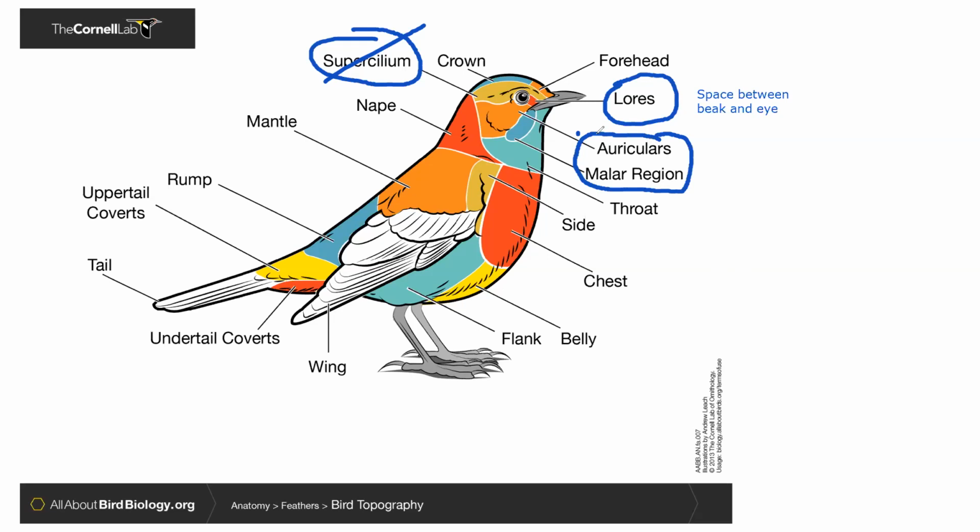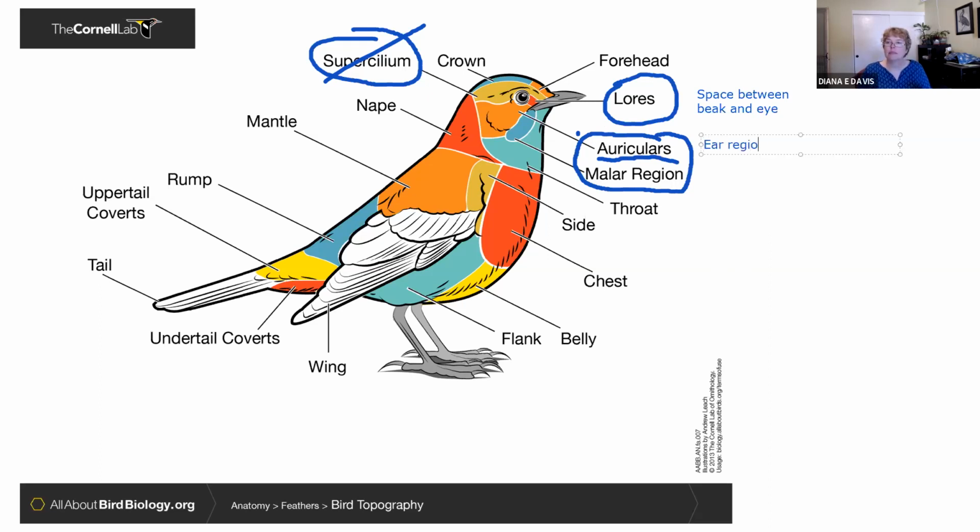Okay. More words that we're not familiar with. Auriculars refers to the ear region. So if you think of audible or audiology or any words like that that start with AU, you can remember that auricular refers to ear.